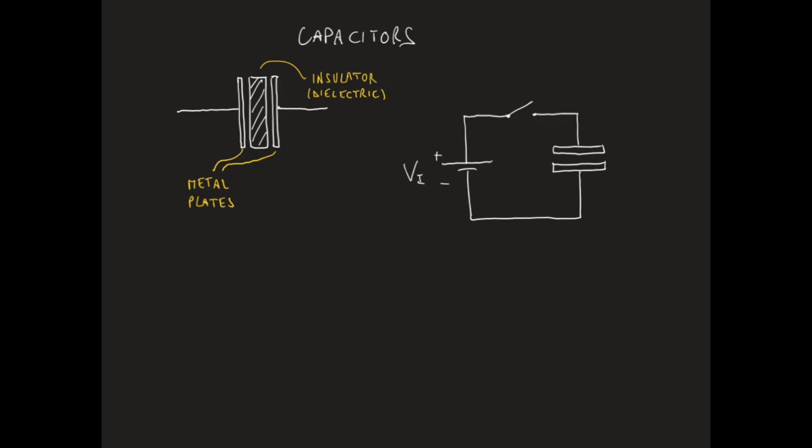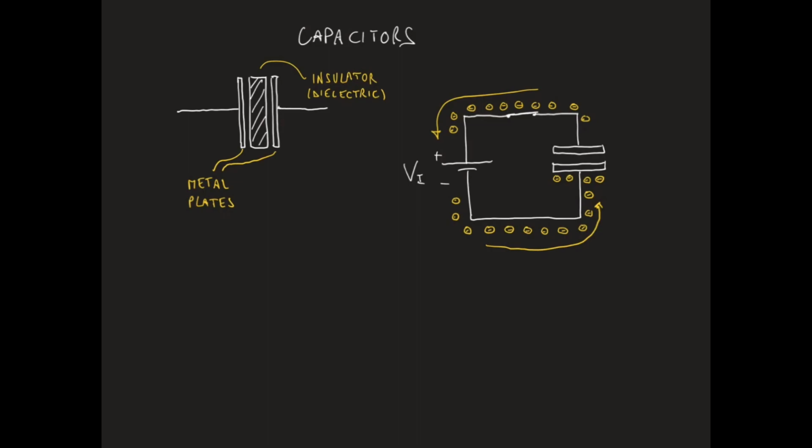If we now close the switch, the capacitor will be connected in parallel with the voltage source. An interesting thing occurs in this case. Electrons are pumped out the negative battery terminal and collect on the lower plate of the capacitor, while electrons are drawn away from the upper plate into the positive battery terminal.